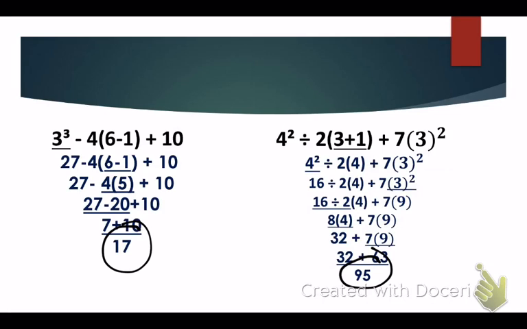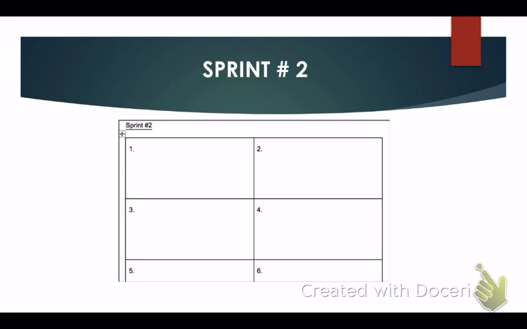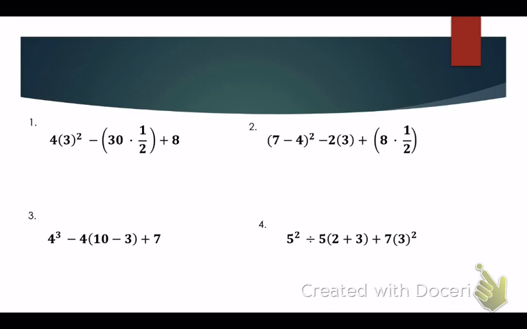Now that you have done that, we need to go ahead and give you sprint number 2. All right, so you should have totaled up how many you got right on the first sprint. Now we're going to do sprint number 2. I'm going to give you another 4 minutes. You need to fill out these on the back side of your sheet, which says sprint number 2. You'll do these 4 starting now. Good luck.